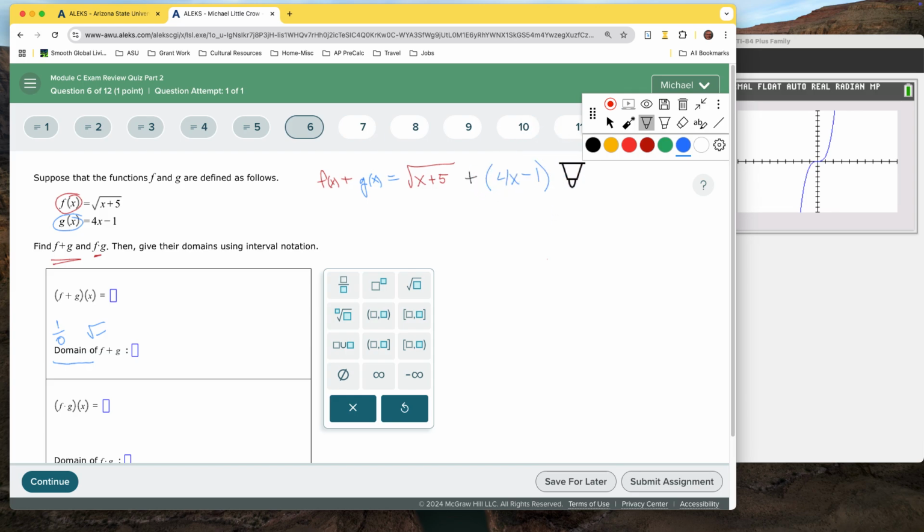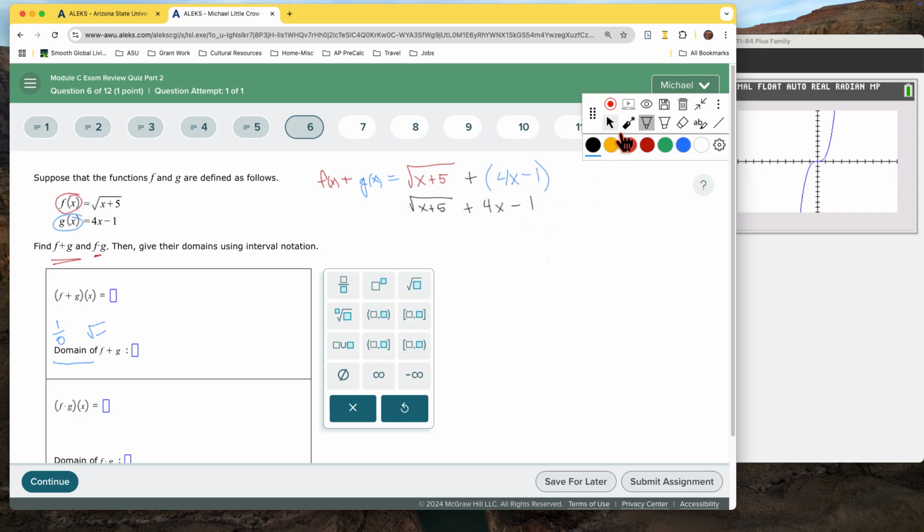The plus distributes through, if you want. There's nothing to multiply, so our final answer for this is going to be square root of x plus 5. It's stuck inside the square root, so that's all we can do with it, plus 4x minus 1.